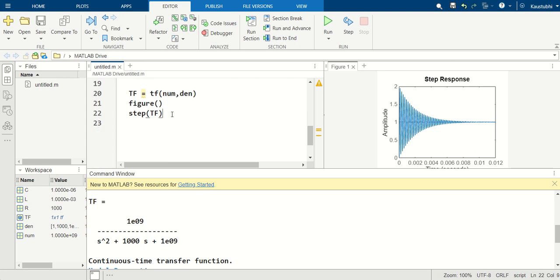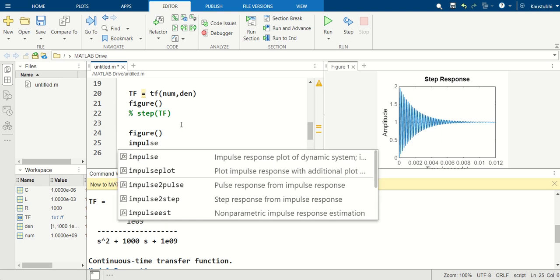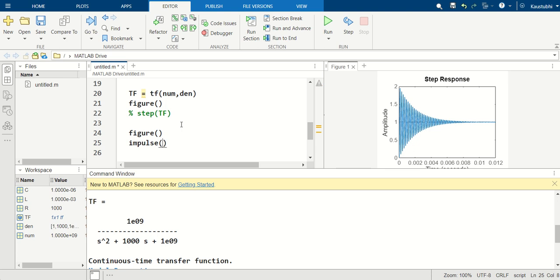If you want, you can put your impulse response as well. So let me just put one more figure and the impulse of my transfer function. If you want, you can keep both of them together.